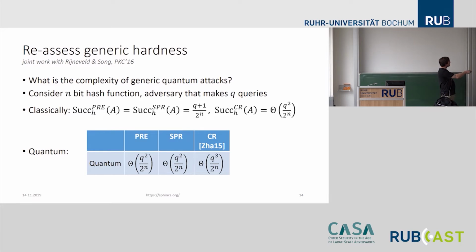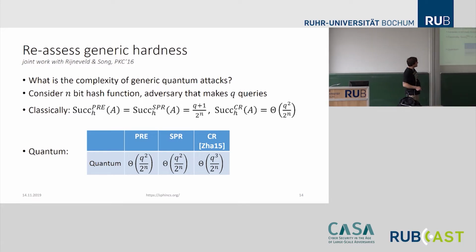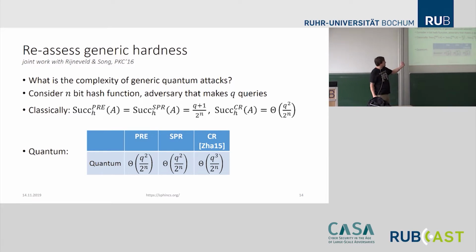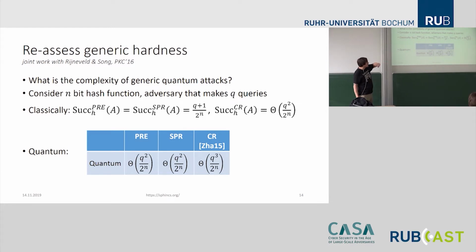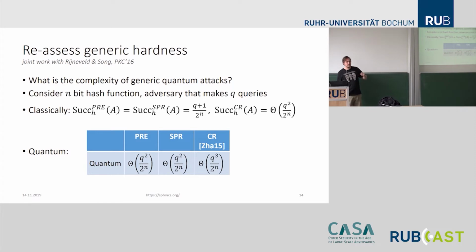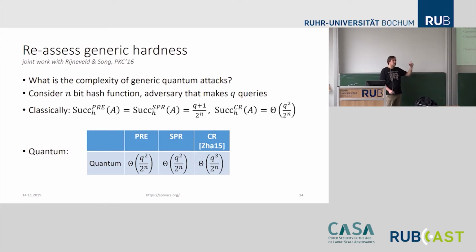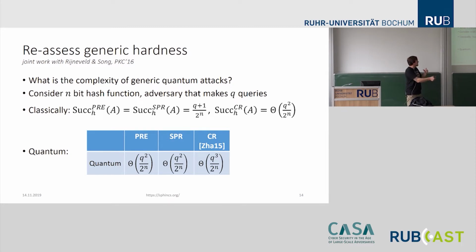So classically, if you want to break preimage resistance and you do Q queries, then what you get as success probability is (Q+1)/2^n. Because what you can do is you make a guess, you evaluate the hash function at this guess. If you hit the image that you were given, then you're done. Otherwise, you make a new guess. You can do this Q times.